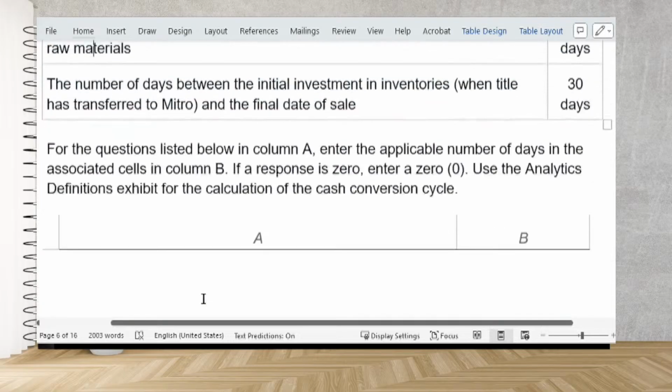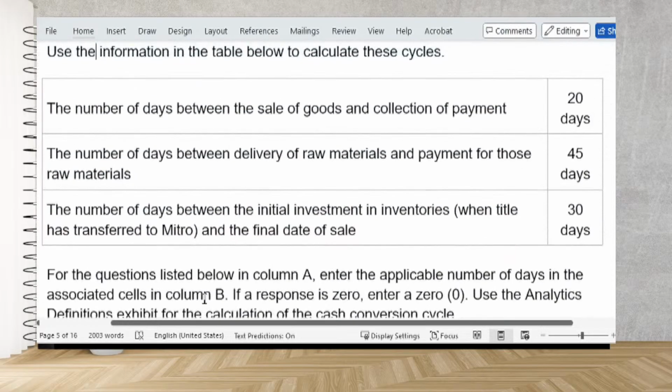Okay, so we need to calculate the operating cycle and the cash conversion cycle. Can anyone tell me what is the formula for the operating cycle and what is the formula for the cash conversion cycle? Can anyone tell?